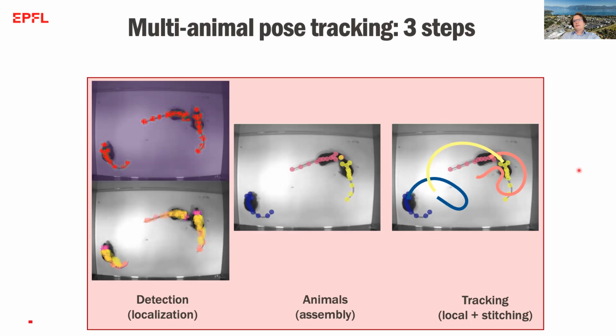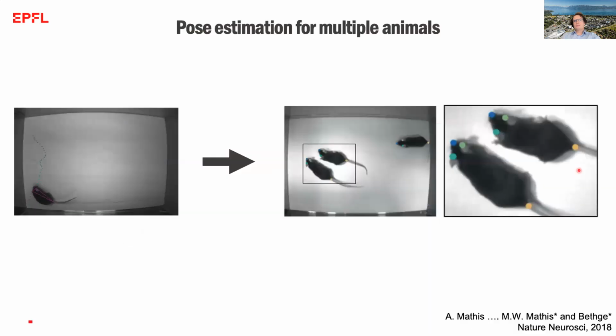Remember that what DeepLabCut actually does for detecting key points is it predicts an image that indicates the probability density of where a particular body part is in space. And this formulation of the problem is in itself immediately amenable to tracking multiple individuals.